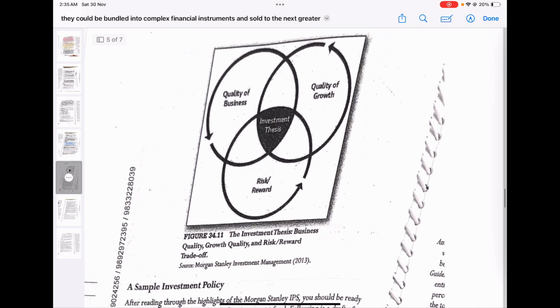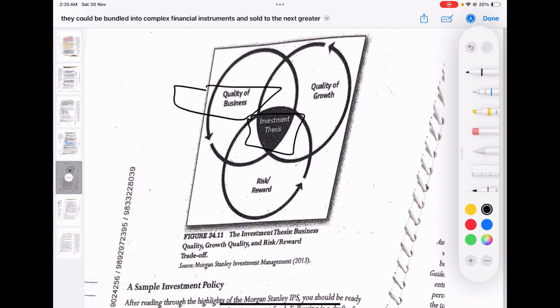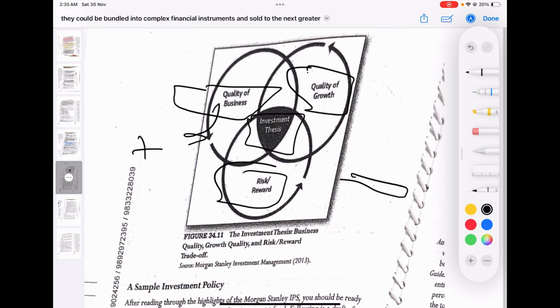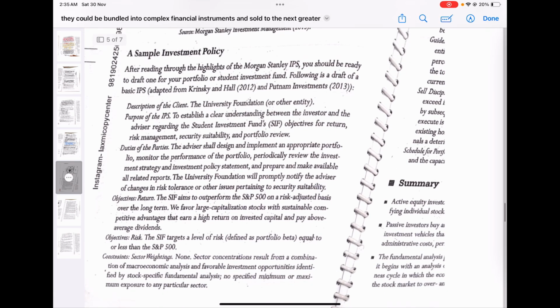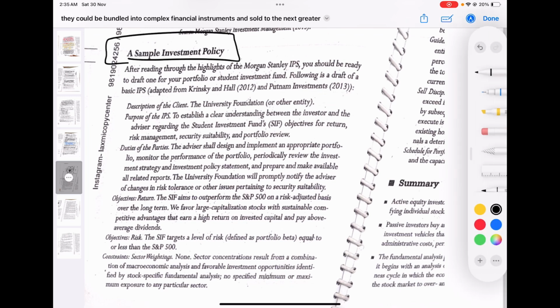Okay, look at this particular figure. So we have the investment thesis, we have quality of the business, what is the risk to reward, and the quality of the growth. So the business has to be good, and not just the business. For the stock price to increase, you also need some sort of growth which we can see in the company. Okay, so this is a sample investment policy.